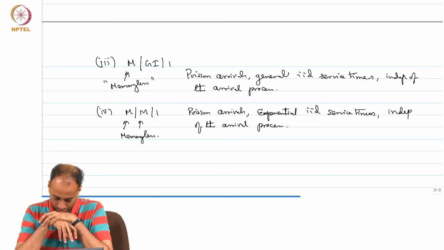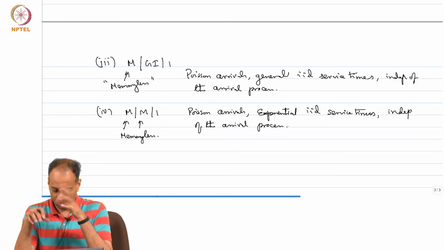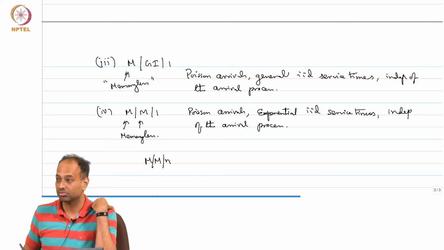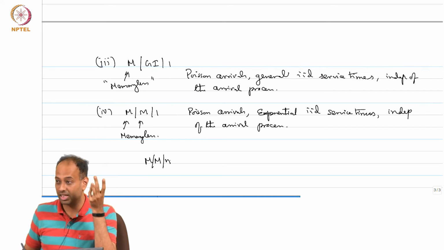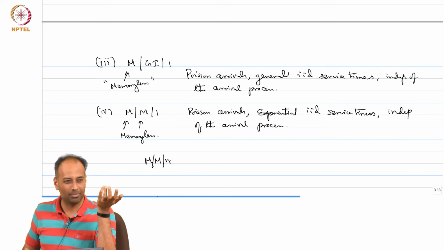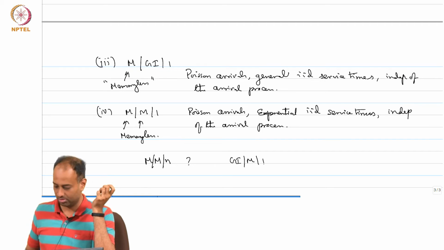All right. So now you can make up stuff. What does M/M/N mean? Poisson arrivals, exponential service times, N servers. If I had M/M/N/M, meaning the buffer size is M, and so on. So these you can talk about. What about G/I/M/1, maybe I should write that, what kind of a queue is that?